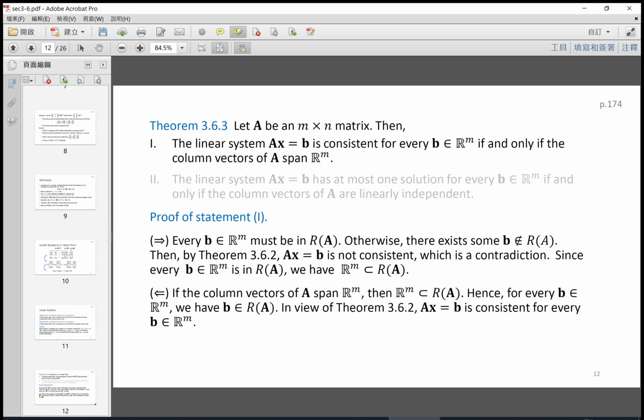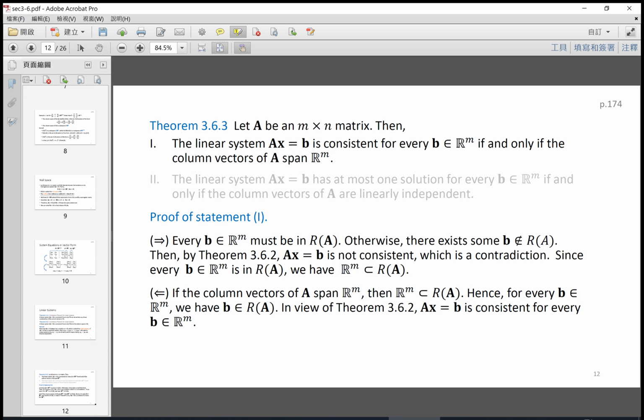You should be able to use Theorem 3.6.3 to analyze the solvability of linear equations, such as to determine whether a linear equation is consistent or not, or such as to determine whether the linear equation has exactly one solution or has infinitely many solutions.